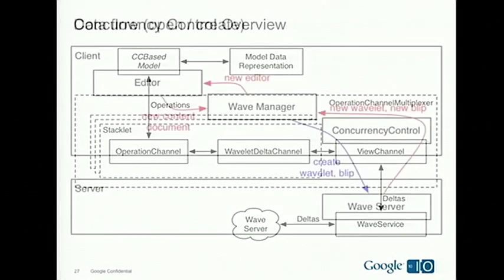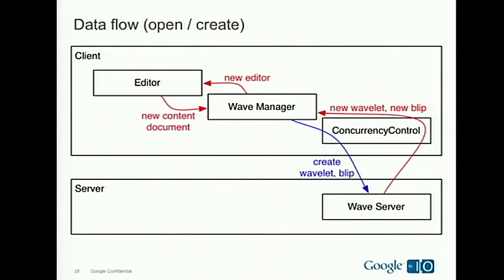Let's move on. So just to give a little bit of an example, here's how to create a wave. If you've got your editor hooked up to a Wave manager and concurrency control connected to a Wave server, and we've got an implementation of this that we'll be pushing out later today or tomorrow, you create a new editor by sending a create request.